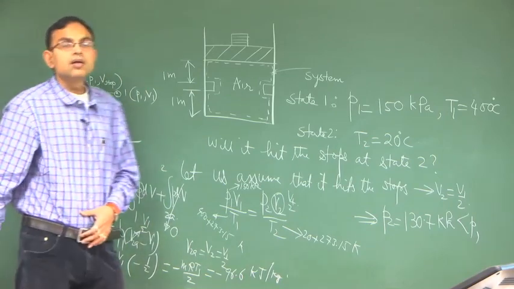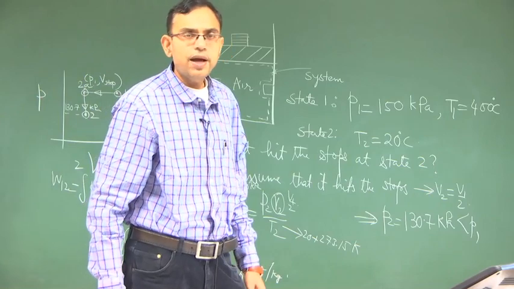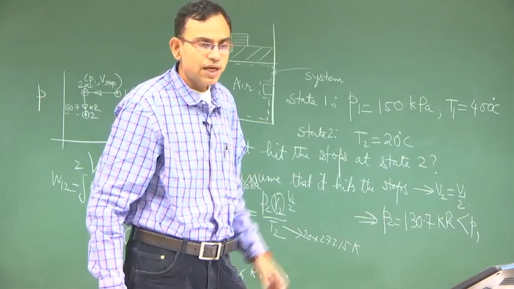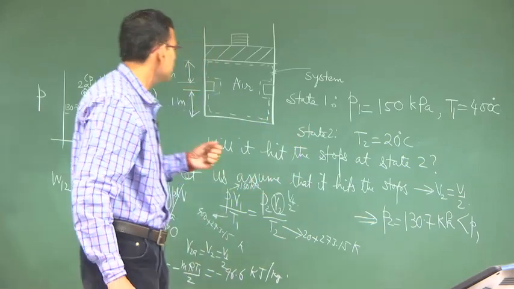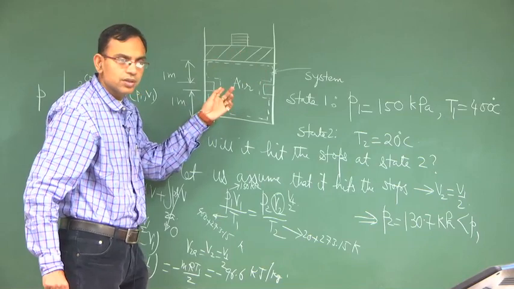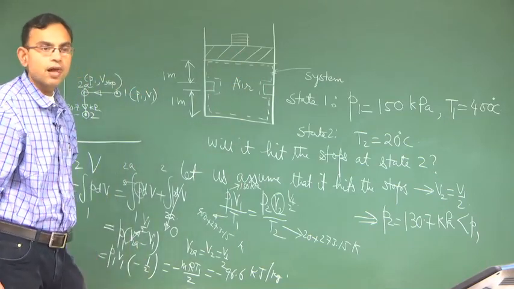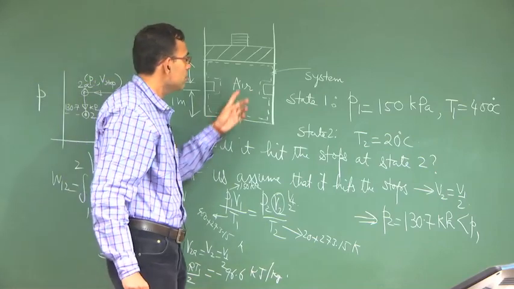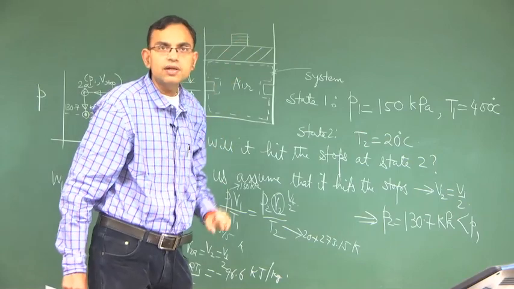Okay. So in this case the answer is minus, the reason is that there is work input, so that the system is getting compressed. If work leaves the system, what is the sign convention?